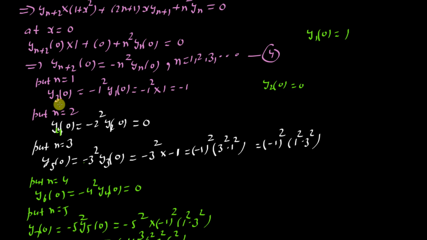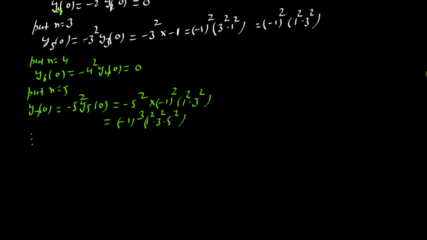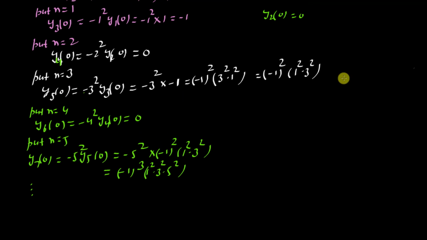Look at the pattern. When here is 7, minus 1 raised to the power 3, running 1 square 3 square 5 square up to 2 less. When it is 5, 1 square 3 square up to 2 less.